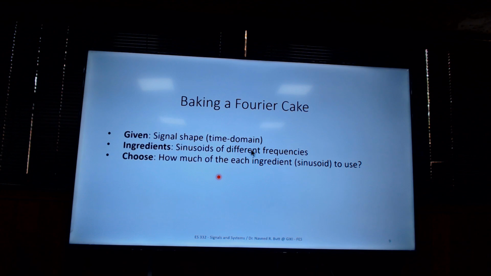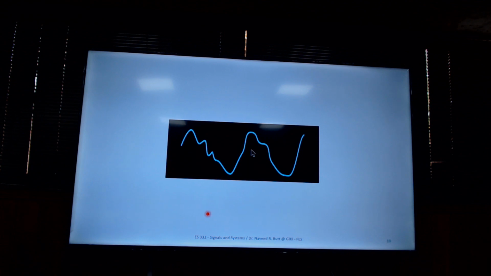How much you use is playing with their amplitude. Otherwise, the only ingredient you have is sinusoids. So what is your choice? How much of each ingredient, meaning what amplitude you put in, and which frequencies you use. That's all you can choose. So let's see. This is the brownie you want to make.